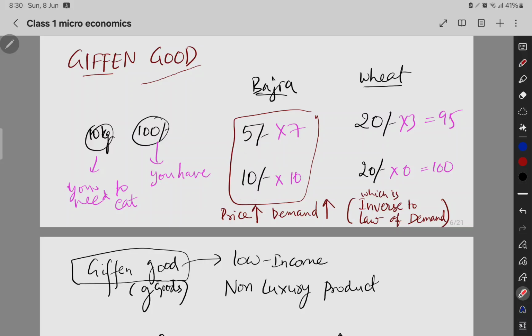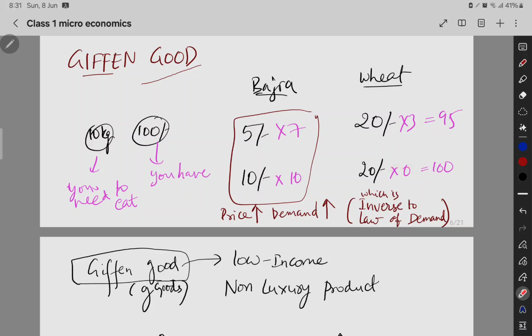In that case, people are still going to buy bajra. Why? I cannot distribute. If I need to eat wheat with 100 rupees, how much can I eat? I can eat 5 kgs of wheat, 20 into 5 is 100.